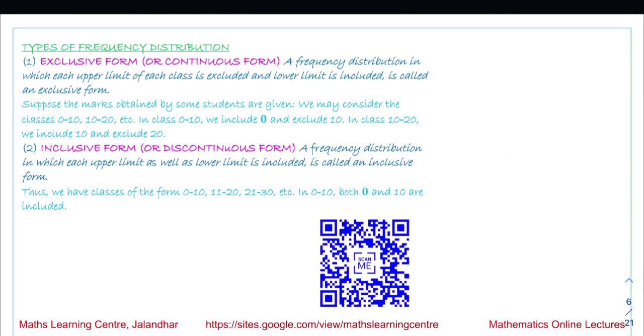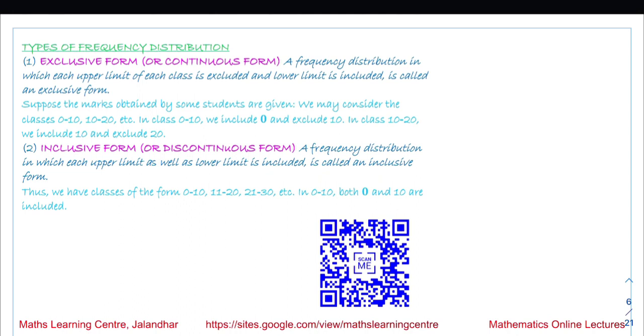Next we have 2 types of frequency distributions. One is the exclusive form or continuous form, and the second is the inclusive form, that is the discontinuous form. A frequency distribution in which the upper limit of each class is excluded and the lower limit is included is called an exclusive form. Suppose the marks obtained by some students are given.